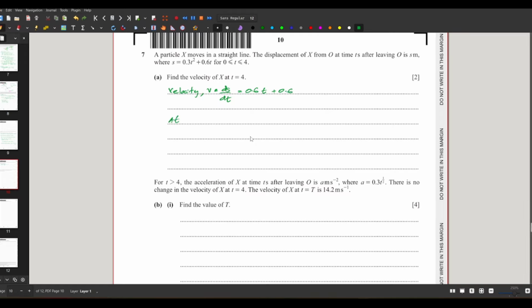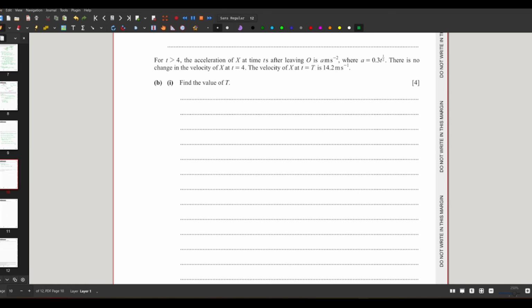Then we can take t equal 4 seconds, velocity equals 0.6 times 4 plus 0.6. So this is 0.6 times 4 is 2.4 plus 0.6 means 3.